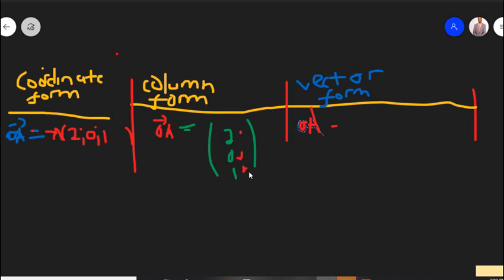Then we'll denote it as 2i plus 0j plus 1k, taking them with their signs.